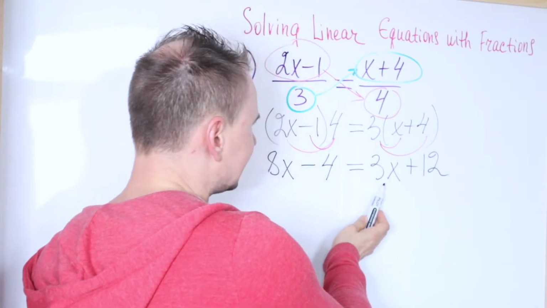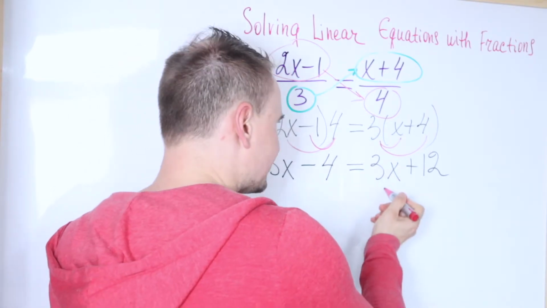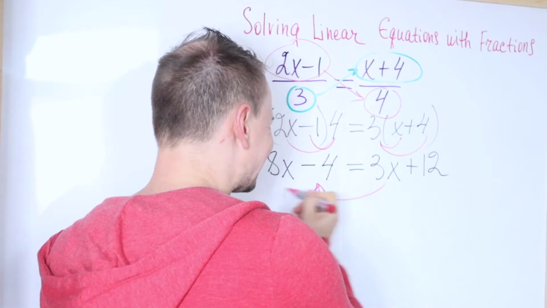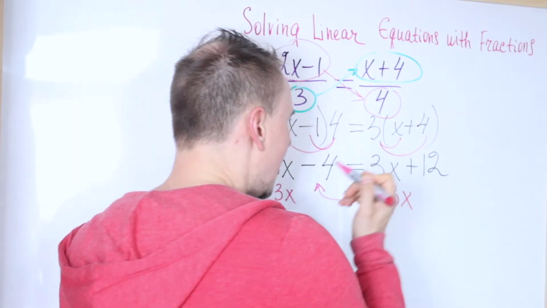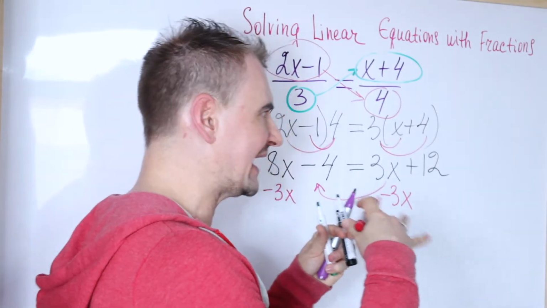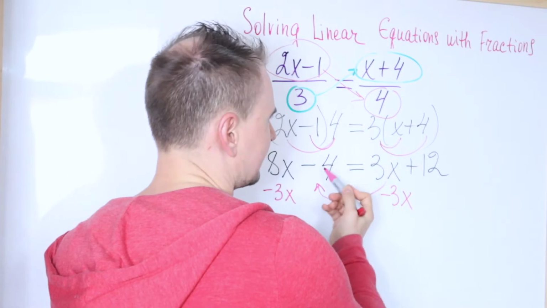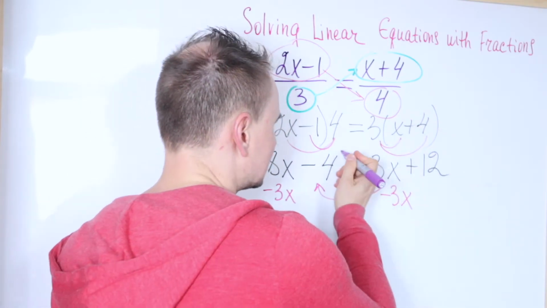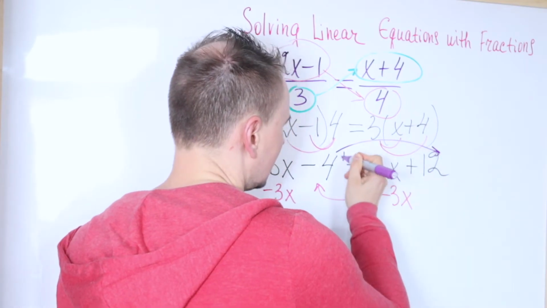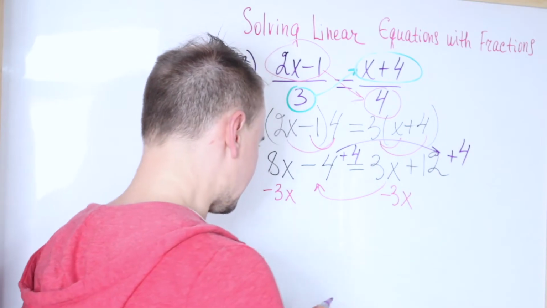So you want to bring, let's say, this 3x to the left side by subtracting 3x from both sides of your equation. And also I'm going to do it simultaneously in one go. You want to bring this negative 4 to the right side, to be precise, by adding this 4 to both sides of your equation.